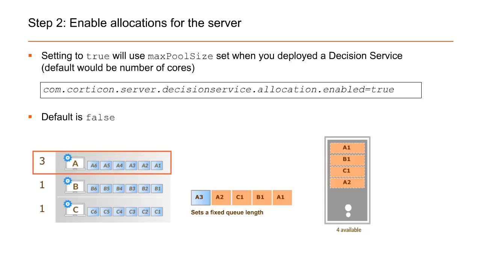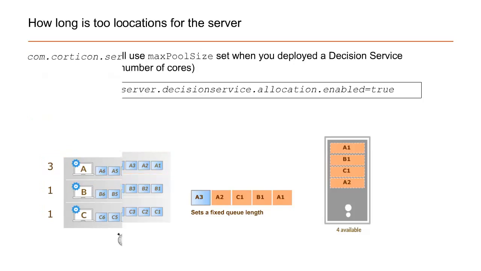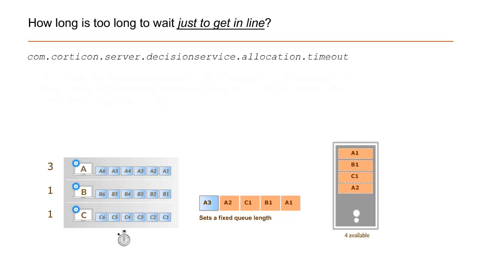By giving decision service A the max pool size of 3, you are giving one decision service a higher ratio of service. This is not a priority, it is just a change in the ratio in the queue. Now that you have effectively set the limit on the server-level thread pooling queue, you might consider how long is too long to wait just to get in line.